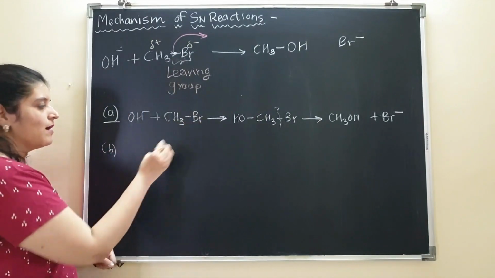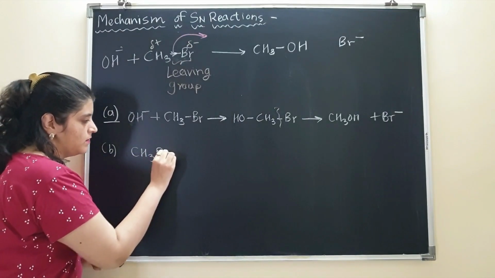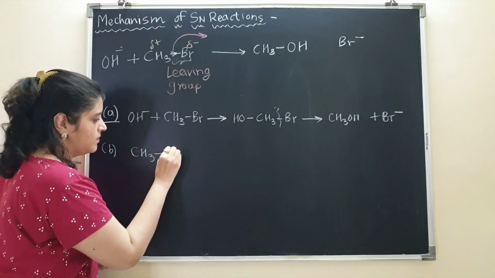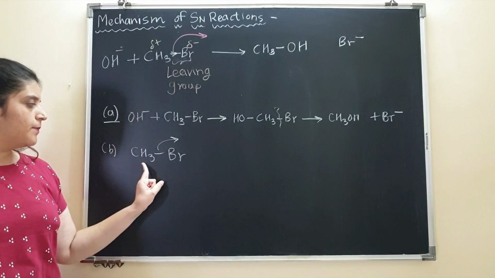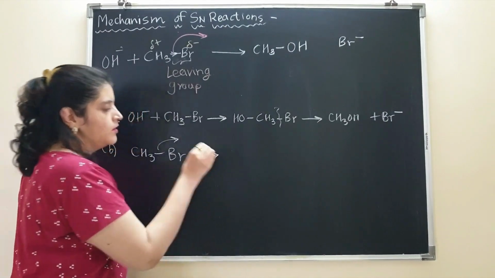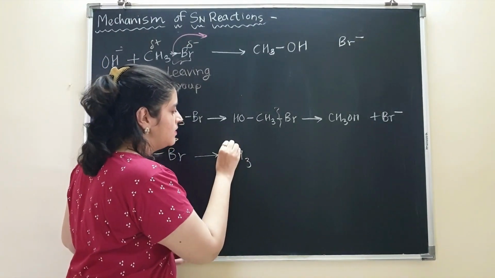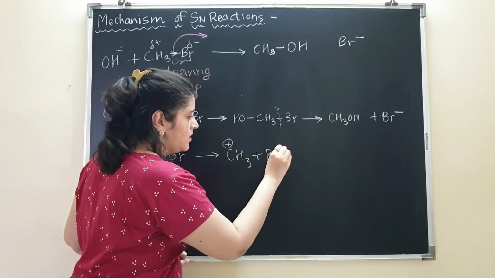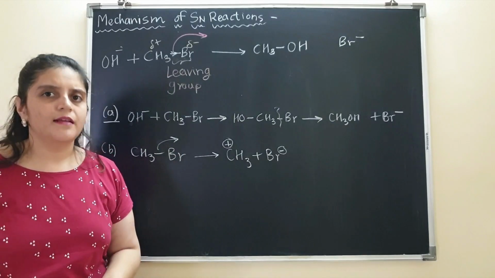Now the second possibility is that the older bond will break first and the new bond will be formed later. So first, breaking of the bond between carbon and bromine will occur. So what will be formed is CH3 plus Br minus.